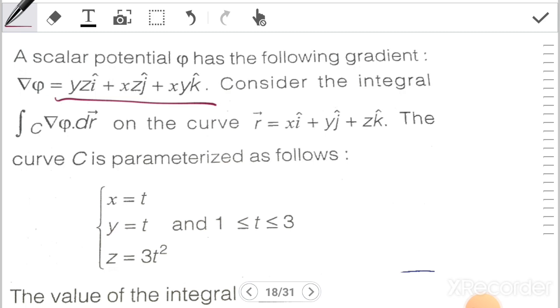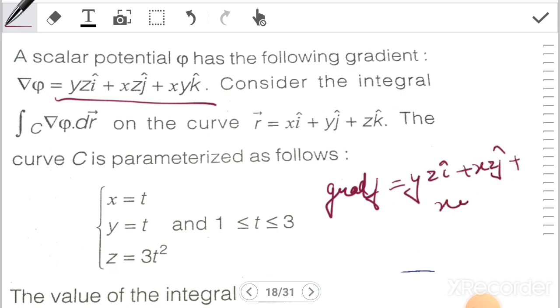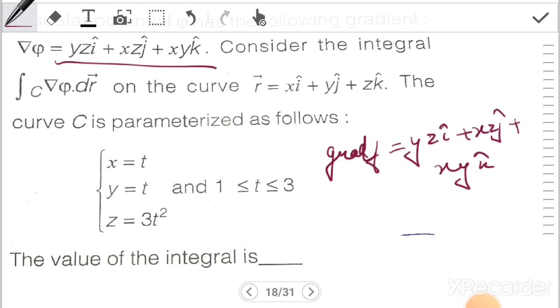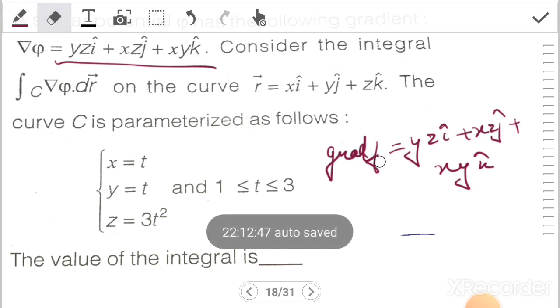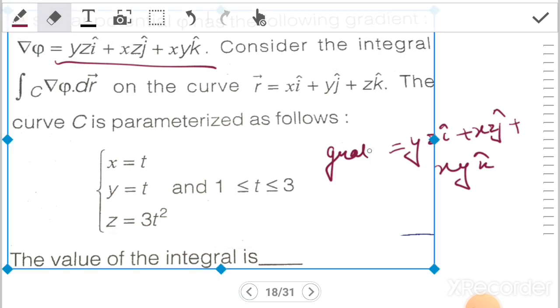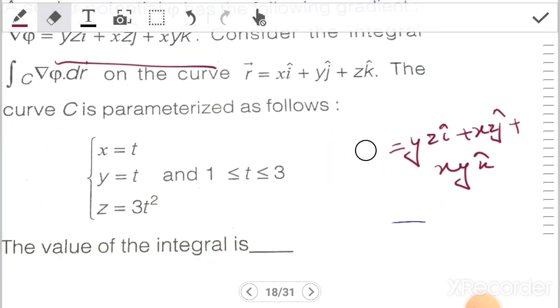So where we are given gradient f as yz i cap plus xz j cap plus xy k cap. So this is gradient phi.